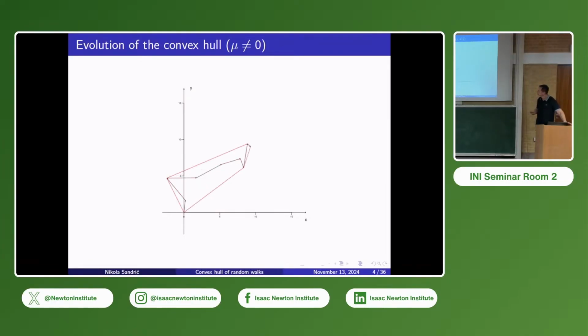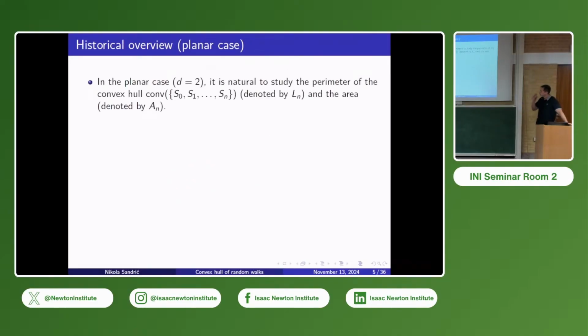Somehow it goes in the direction of the drift. We also expect this to be visible in limit theorems, and we'll see that actually this happens.